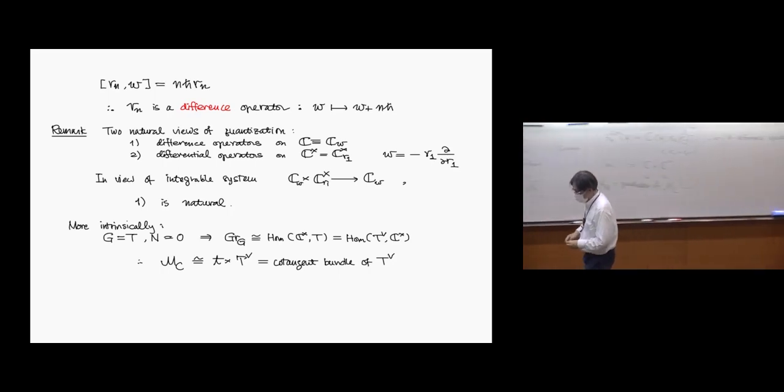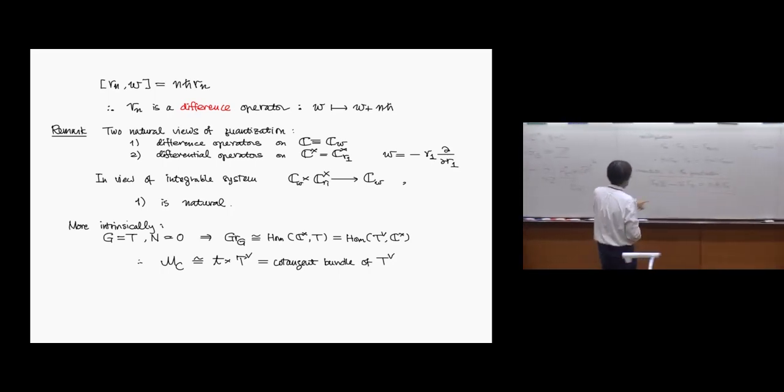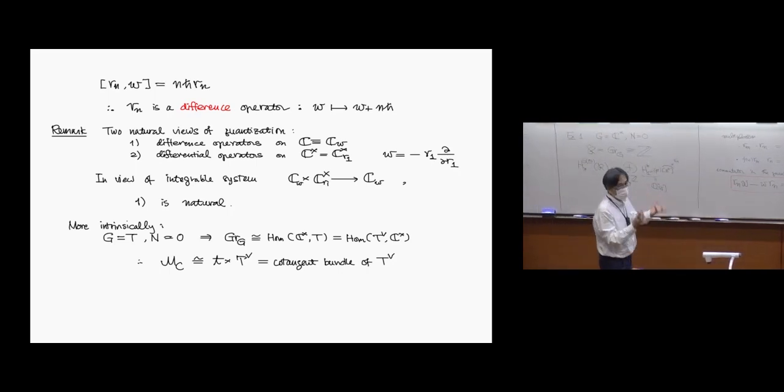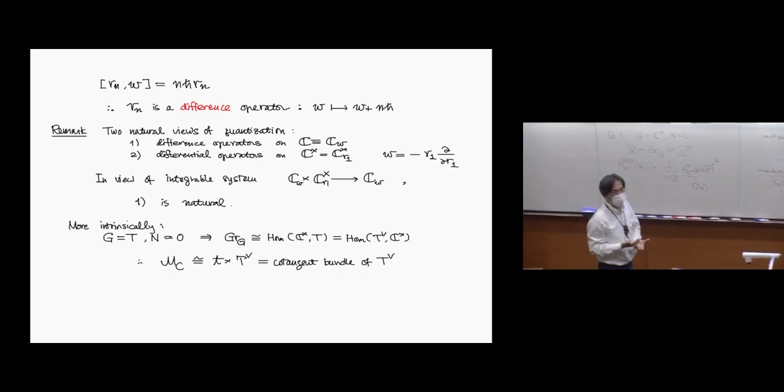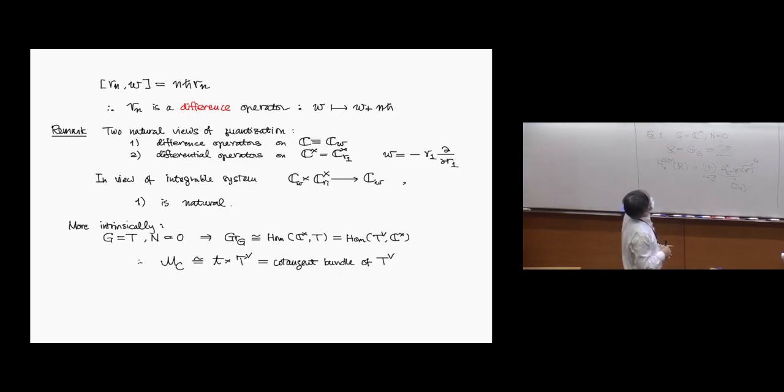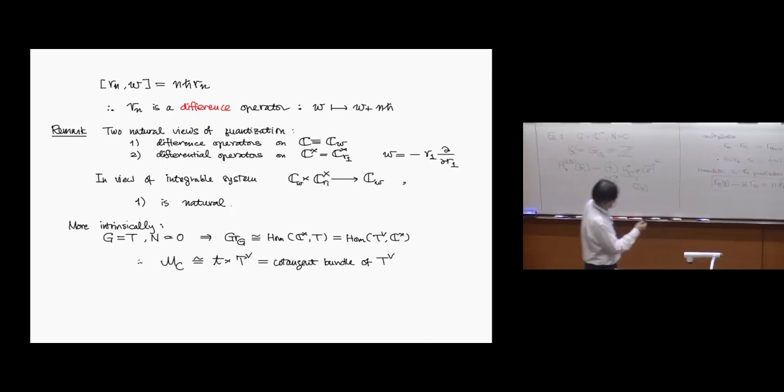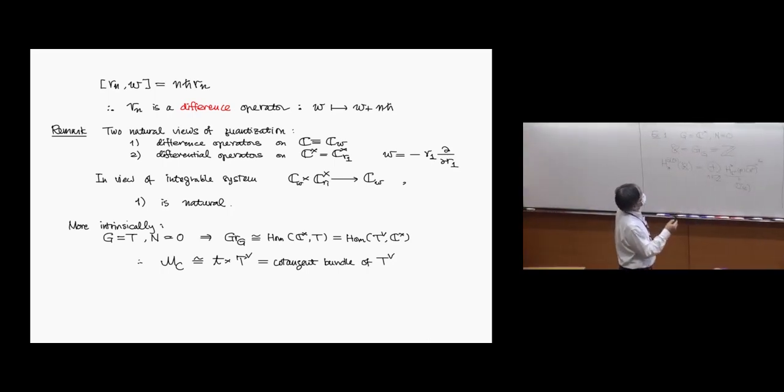And you can also change the role of W and R plus 1. So you consider R1 to be the fundamental variable, and you look for the meaning of the variable W, which gives this commutation formula. Then there is the familiar one.